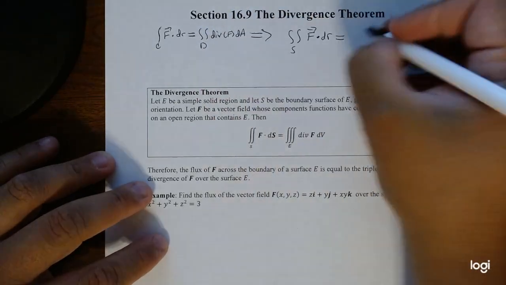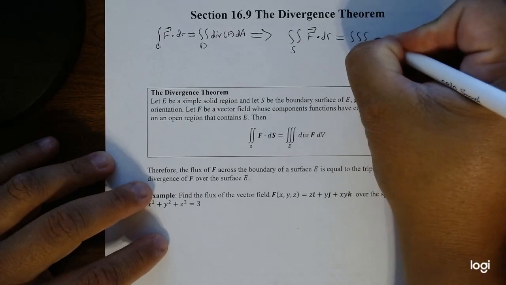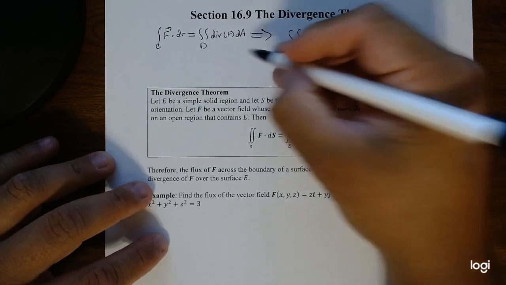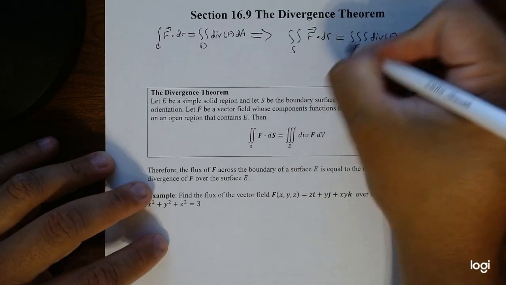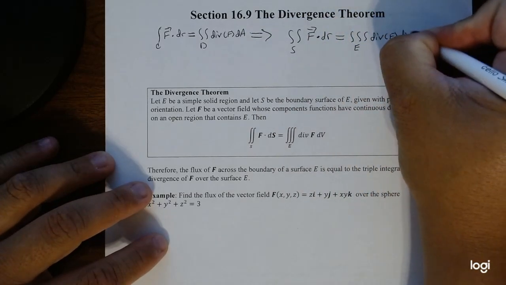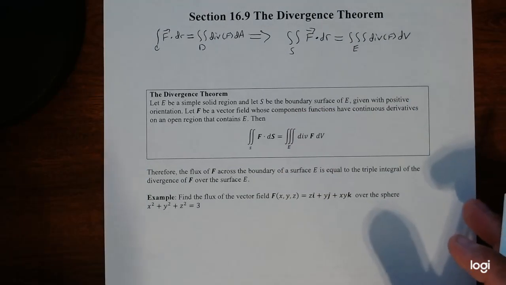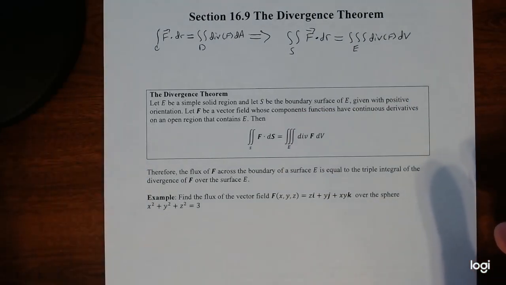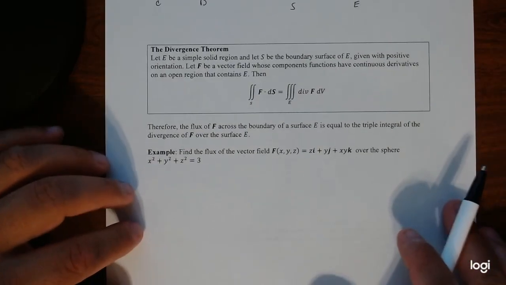Over here, we get the triple integral. And because this is not a region, it's a solid now, in 3 dimensions, we return the volume. This actually gets the same thing. So you could think of the divergence theorem as just going up one dimension.